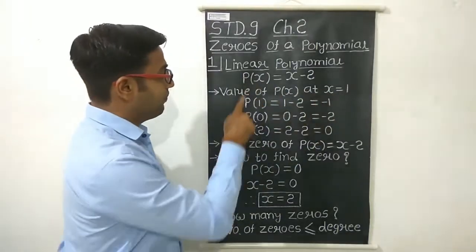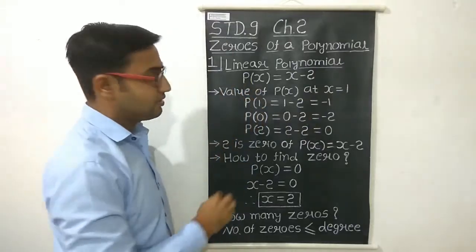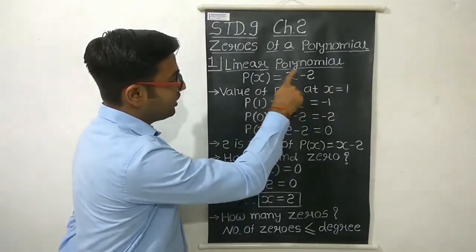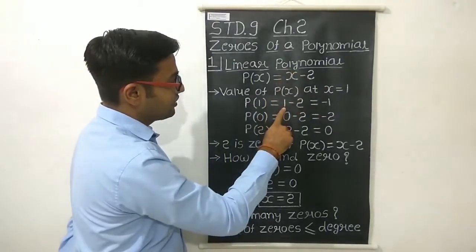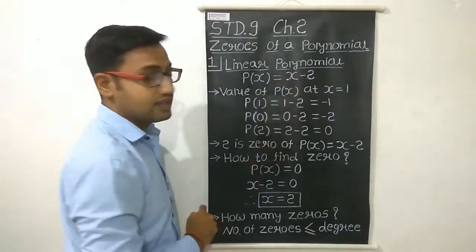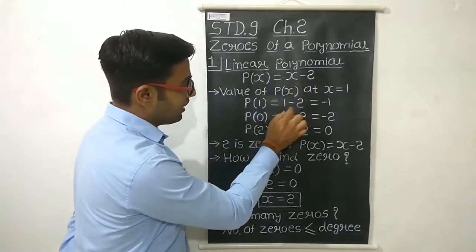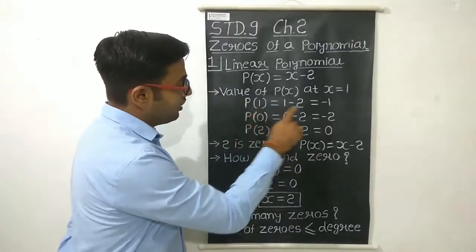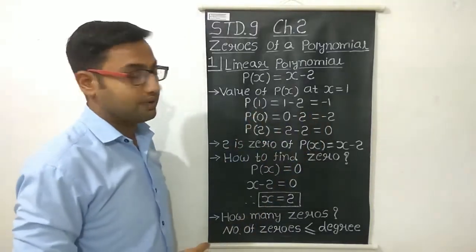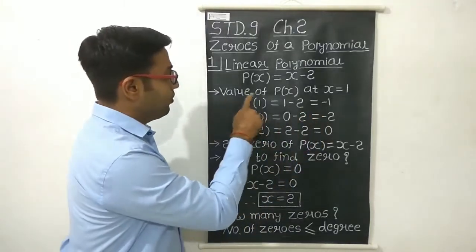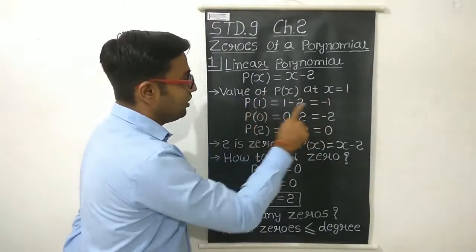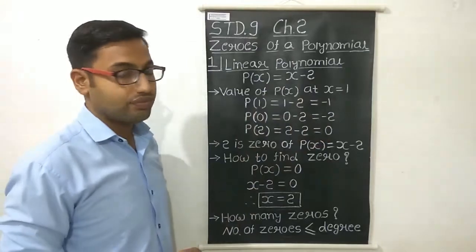So what will happen if we put in 1 instead of x? We will get p of 1 is equal to 1 minus 2, so the total value we get is 1 minus 2 is equal to minus 1. So p of 1 is equal to minus 1. So the value of the polynomial at x is equal to 1 is minus 1.